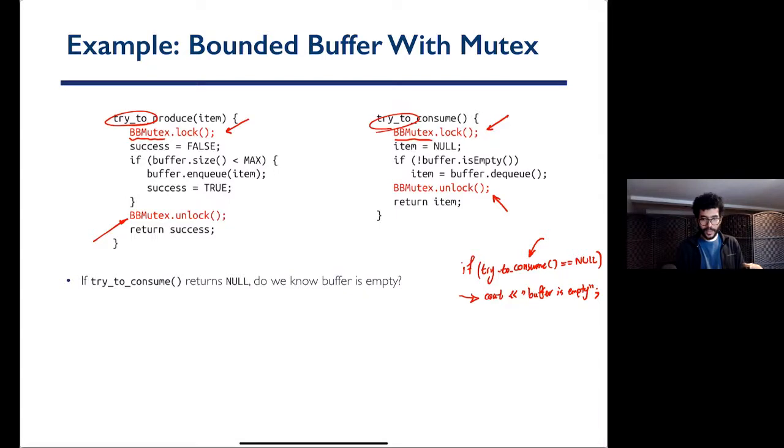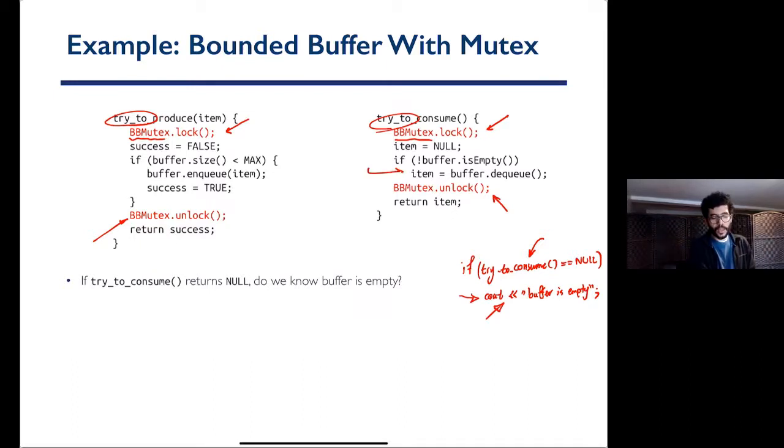But now that we don't have the mutex locked, another thread might have come and put an item. So outside, when I don't hold the lock, when I don't have the mutex locked, I cannot say anything about the state of the buffer.